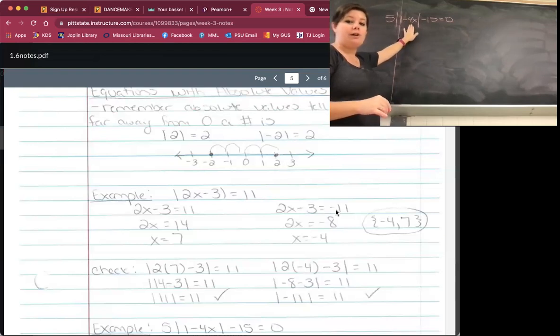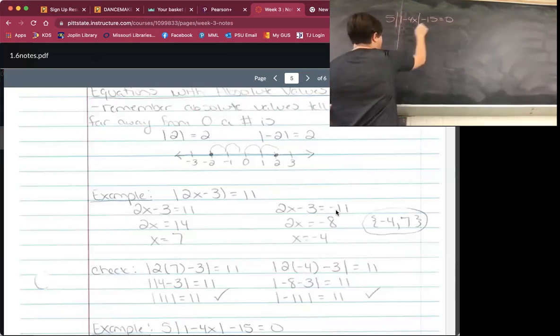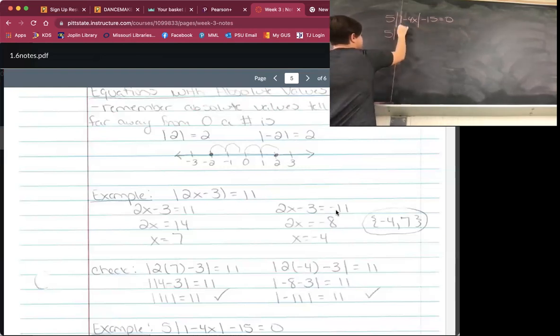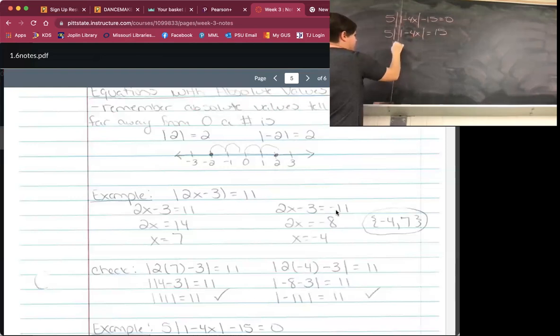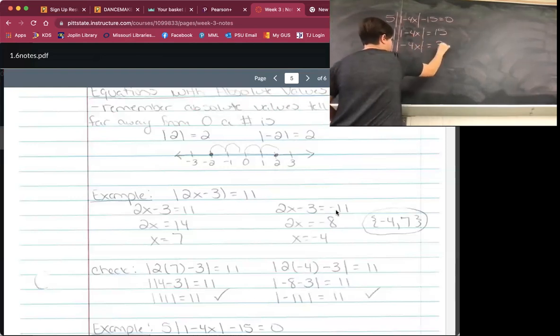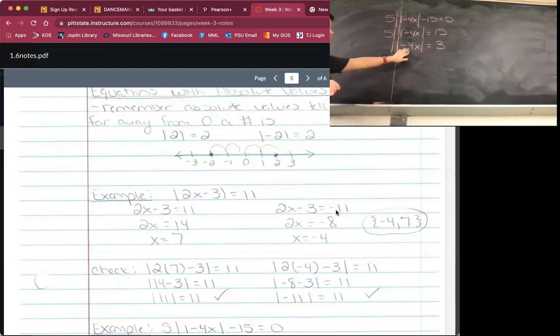So get your absolute value completely by itself before you split. So I'm going to add 15 to both sides. Now I still have this 5 out front, so I'm going to divide both sides by 5. Now I have the absolute value of 1 minus 4x equals 3, so I can split now.